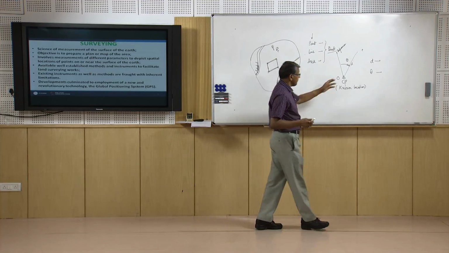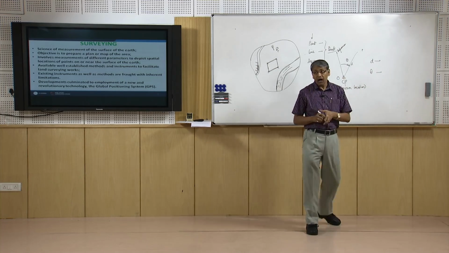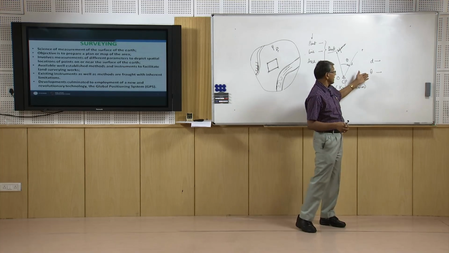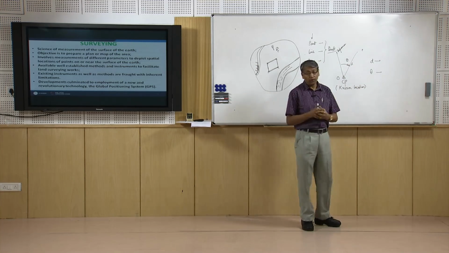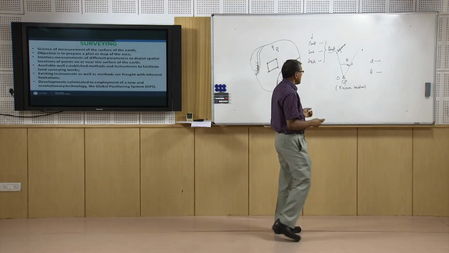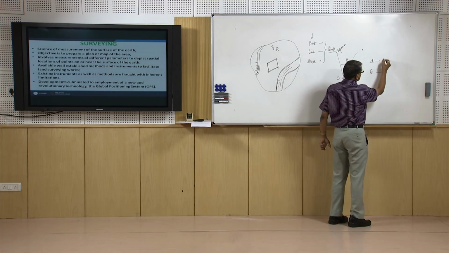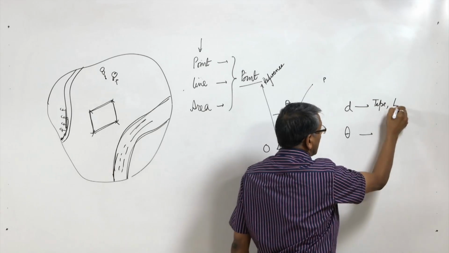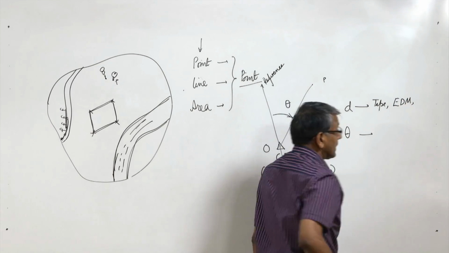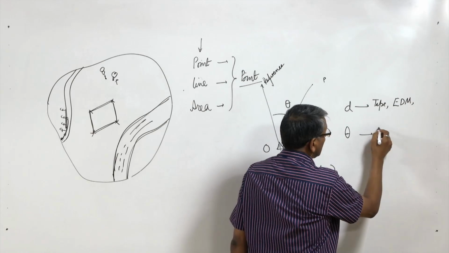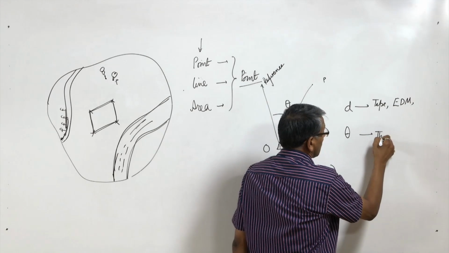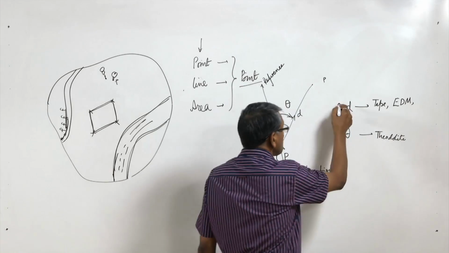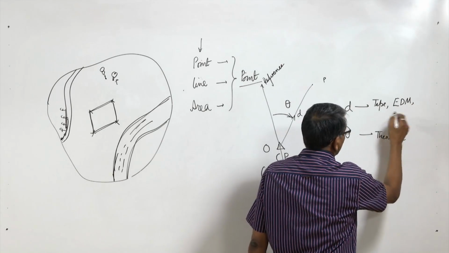Now, this is the fundamental of how we go for measurement. We have to measure distance and direction in normal conventional methods, and to measure the distance there are many methods, just like tape, then EDM, electronic distance measuring instrument, then for angle we use theodolite, and there are some instruments which can measure both.